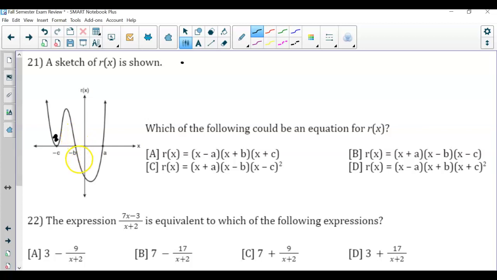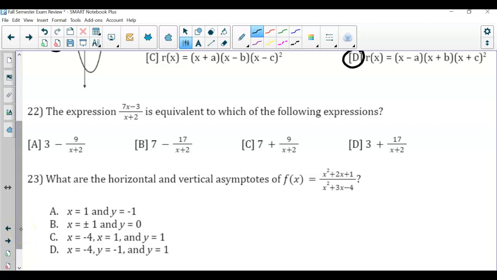Then we have a slice at negative B, so multiplicity of 1. Slice at A, so again, multiplicity of 1. So I'm going to mark off A and B because we need that exponent of 2 here for that multiplicity at negative C. Also remember, when writing in factored form, we're changing the sign. That's why the answer is D.